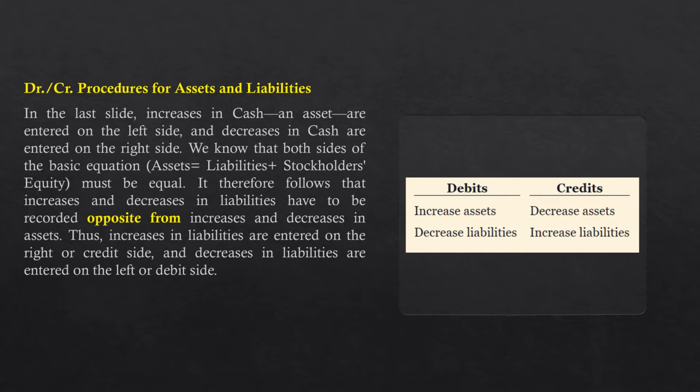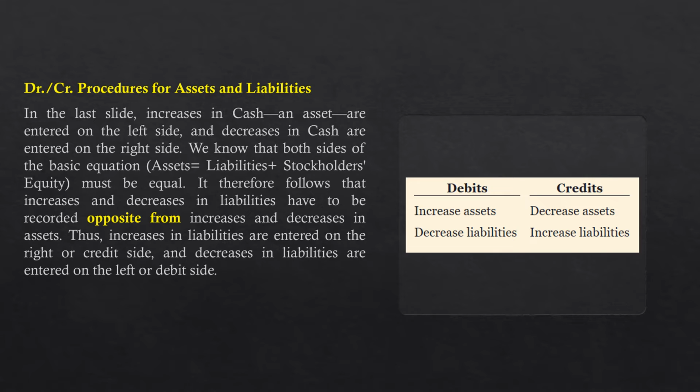Okay, so DR/CR procedures for assets and liabilities, right? In the last slide, increases in cash and assets are entered on the left side, and decreases in cash are entered on the right side. We know that both sides of the basic equation, assets equal liabilities plus stockholders' equity, must be equal.